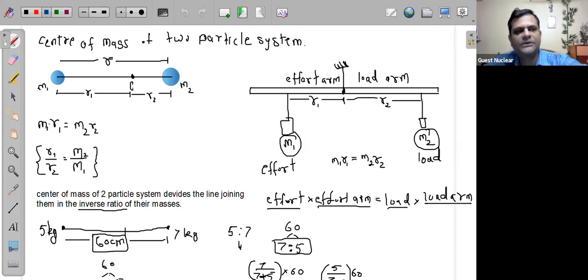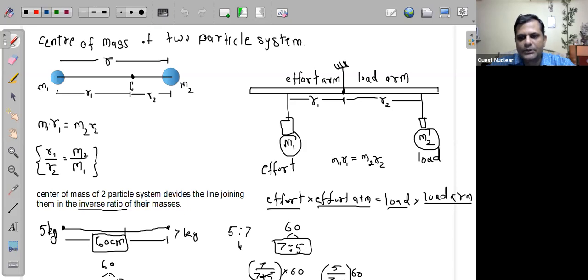अभी इसमें हमने लास्ट लेक्चर में ये ऑलरेडी देखा कि the center of mass of two particle system always divides the line joining them in the inverse ratio of their masses. और इसका बेसिस, जो हमने 8th स्टैंडर्ड से सीखा था, effort arm into effort, or you can say effort into effort arm is equal to load into load arm. ये बात हम यहाँ पे समझ सकते हैं.